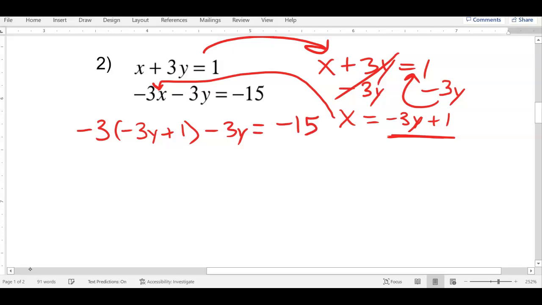I'll stop for a second so y'all can get that down. Let's recap. The first equation, we solved for a variable, x.